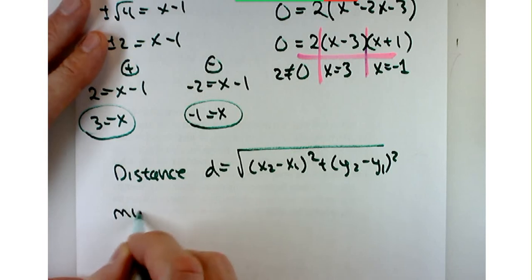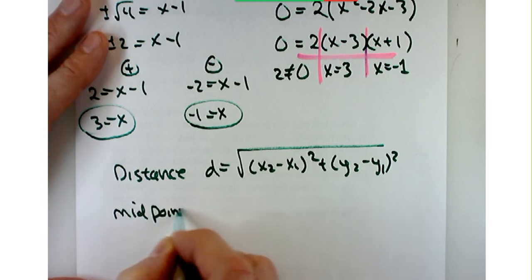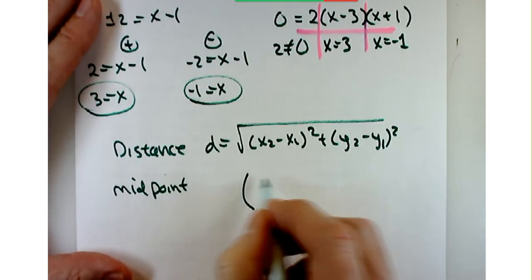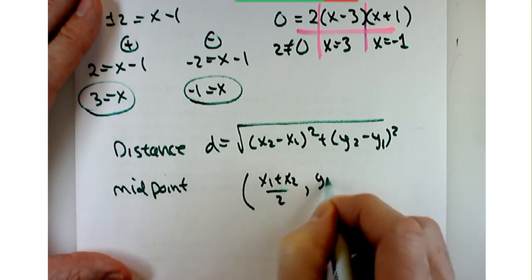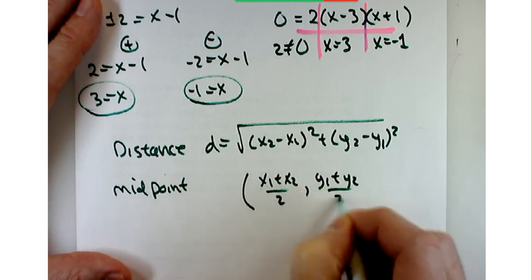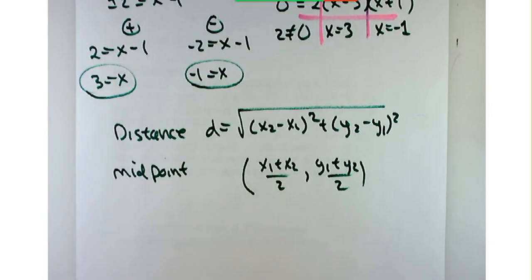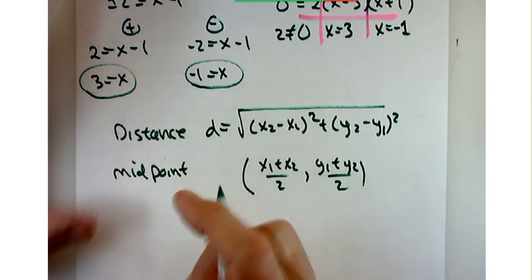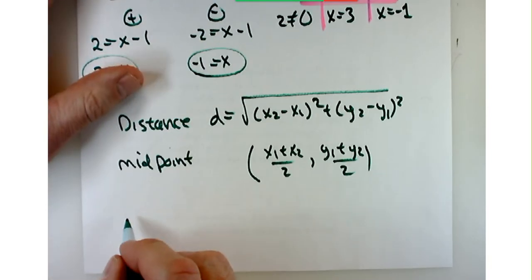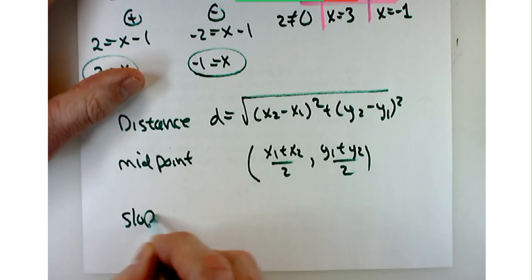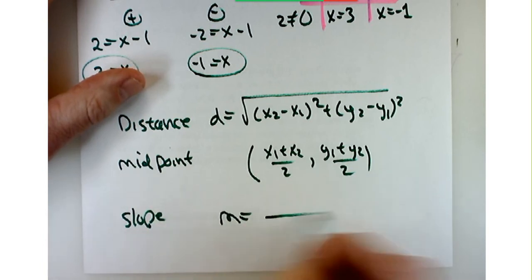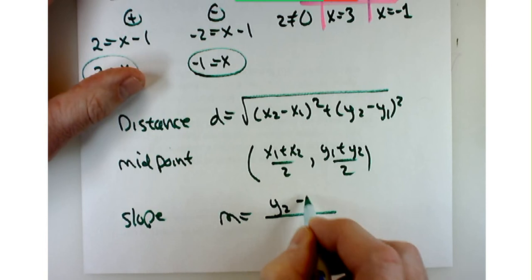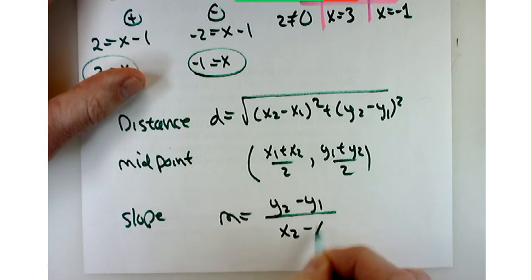The midpoint formula is going to be (x1 plus x2) over 2 and (y1 plus y2) over 2. Basically, you're averaging your 2 points. And since I'm on this kick here, let's do the slope. Slope is m equals (y2 minus y1) over (x2 minus x1).